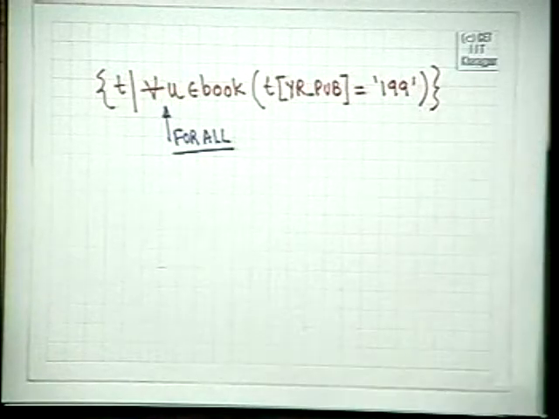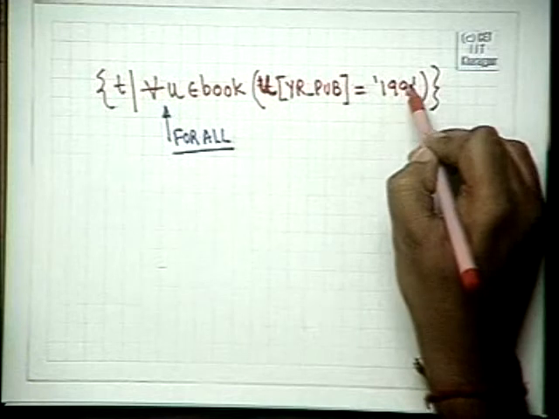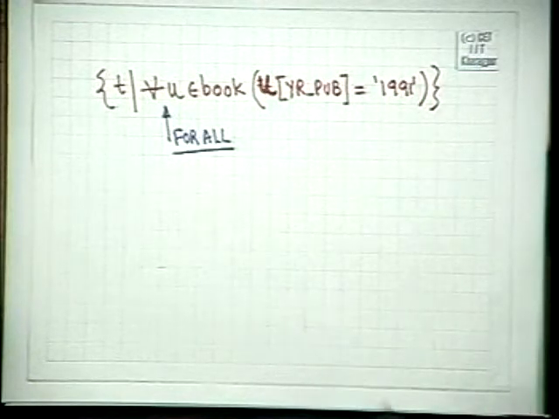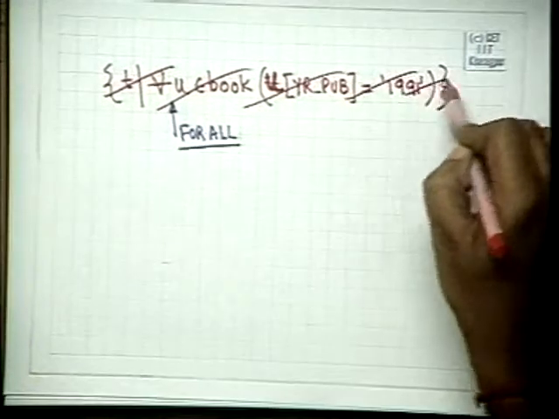Sorry, this should be U. This is 1991. I'm sorry, this is not a proper query which does not use T. I will write down a proper query which uses T.